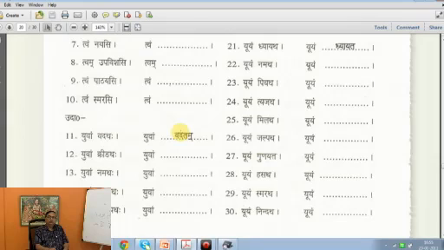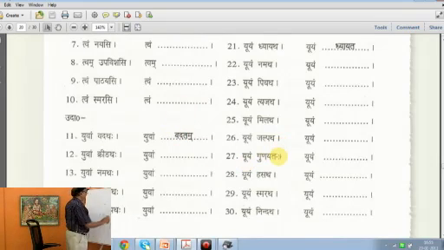Yuyam Gunayata. Oh, there is a mistake here. It should be tha. Yuyam Gunayatha, you all are multiplying. Please make a correction there. The number 27. There is a printing mistake. 27th.